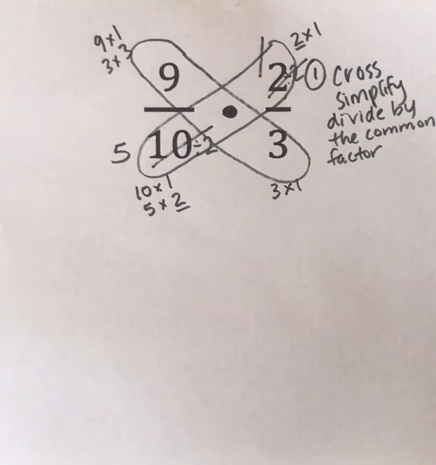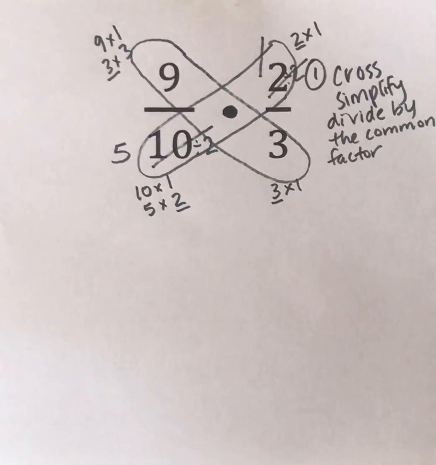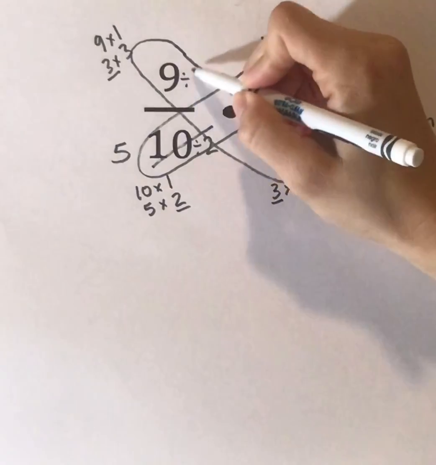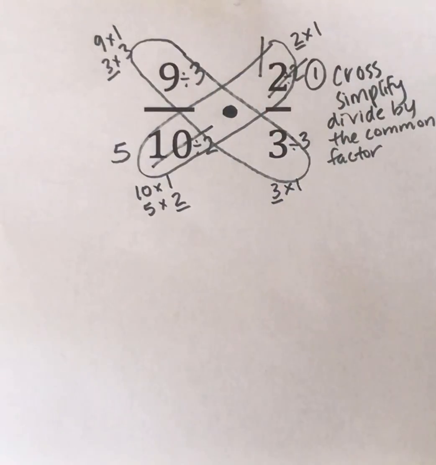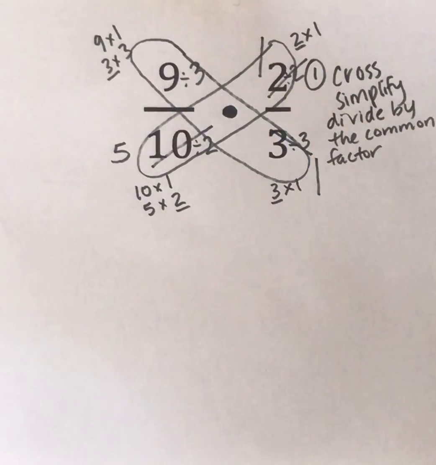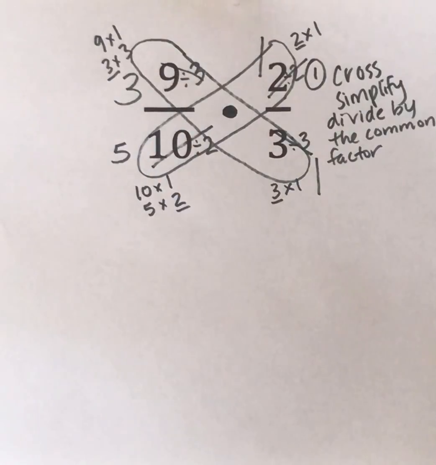So again, I'm finding the common factor. You can see that 3 goes into both of those numbers. So again, we're going to divide by that common factor, which is 3. I'm going to divide this by 3, and I'm going to divide this by 3. When you do that, that becomes a 1, and that becomes now a 3.